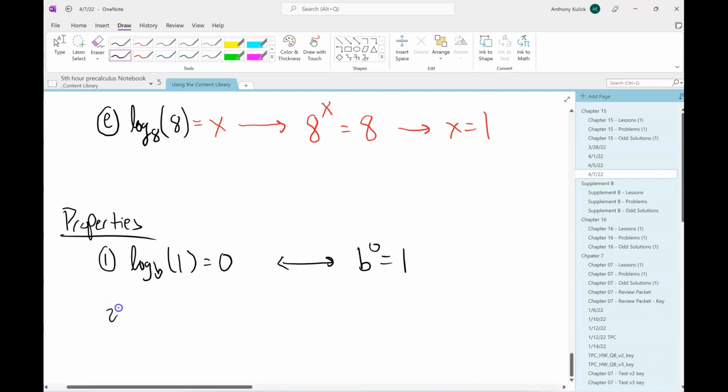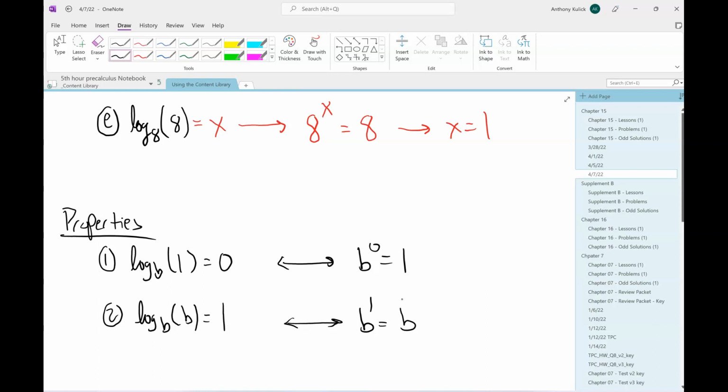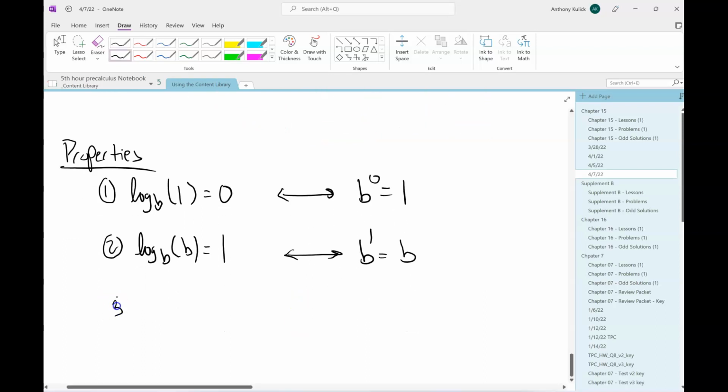Next up, log base b of b is equal to 1. That's what we observed in question E from above. Okay, neato. Third, log base b of b to the y is equal to y.